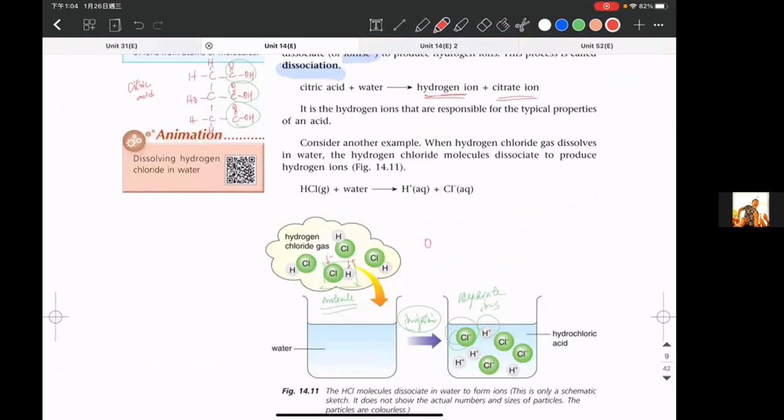The water's delta minus will attract towards this one and help pull away the hydrogen atom to form hydrogen ion. By doing so, you have chloride ion left behind, and we have a very strange structure. We call that hydronium ion. So this is the process, and that is why it will be like that.